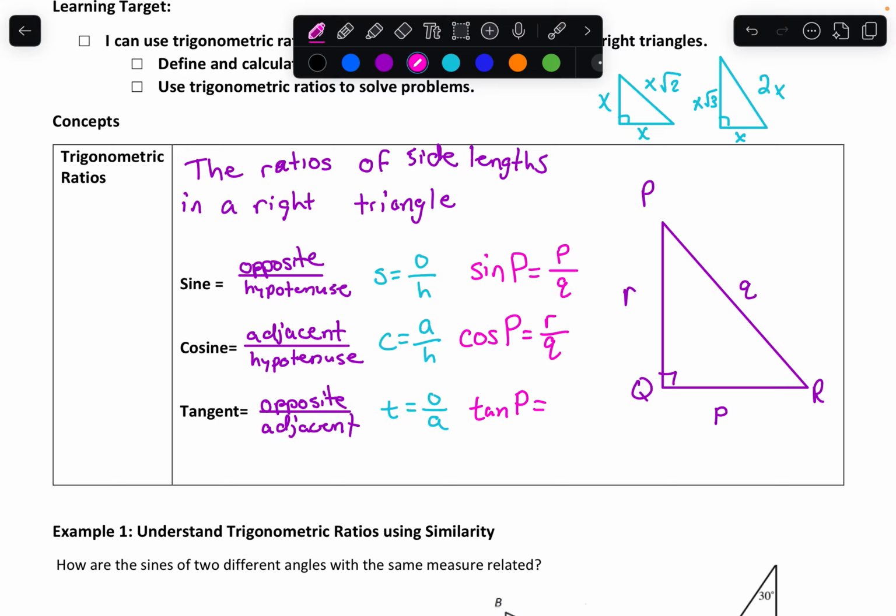So P is the opposite side and R is the adjacent side. So that fraction, P over R, is going to represent the tangent of angle P, right?